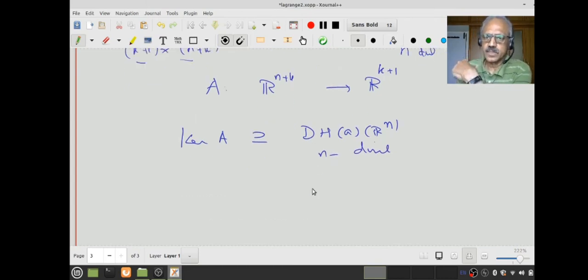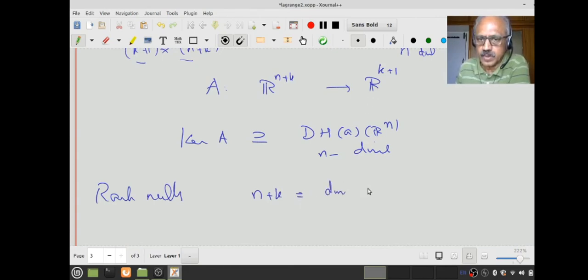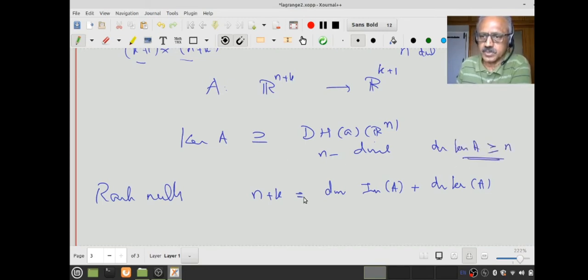Therefore, by rank-nullity, n+k must be equal to the dimension of the image of A, that is the rank, plus the dimension of the kernel of A. And this I know is at least n dimension. Therefore, the dimension of the kernel of A is greater than or equal to n. Do you follow that?